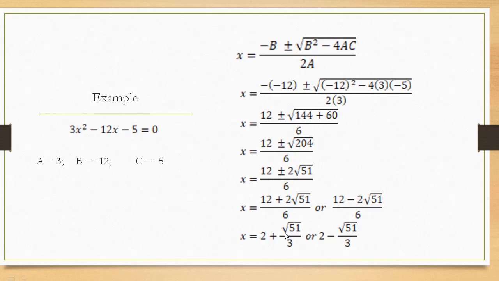Ngan asa man ang 1 karon? Since same lang sa imuhang mga variables, 1 is always omitted sa imong radical. Nakuha? So, ang imong isa ka root karon is 2 plus square root of 51 divided by 3. Or, ang pikas, same lang, 12 divided by 6, 2.